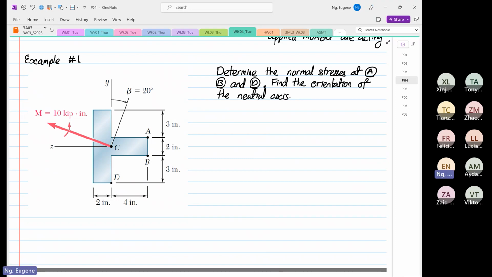Okay, we're going to find the orientation of the neutral axis.